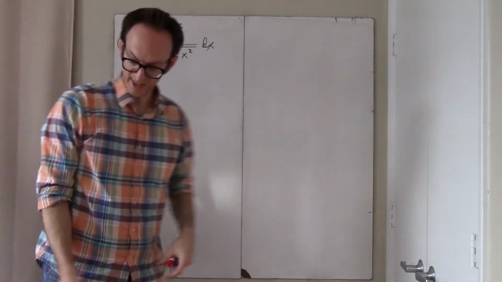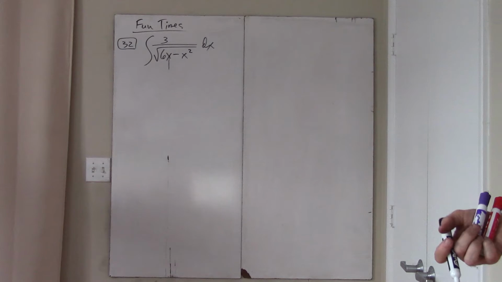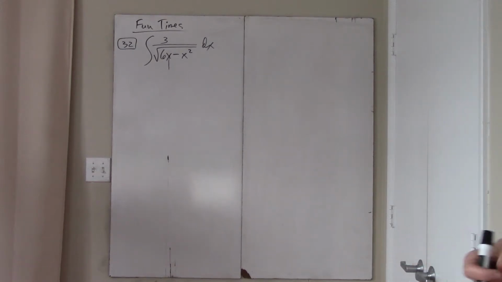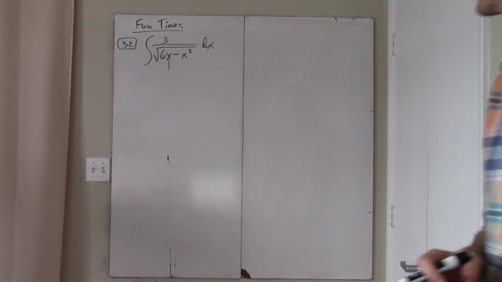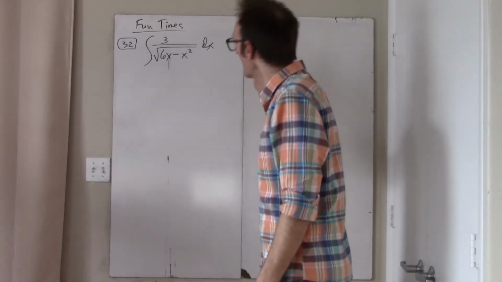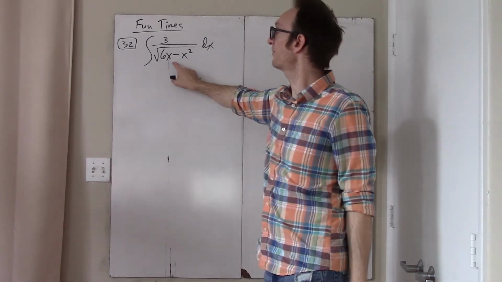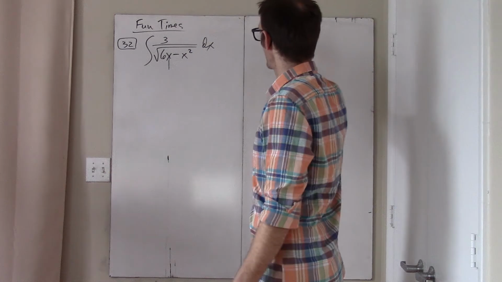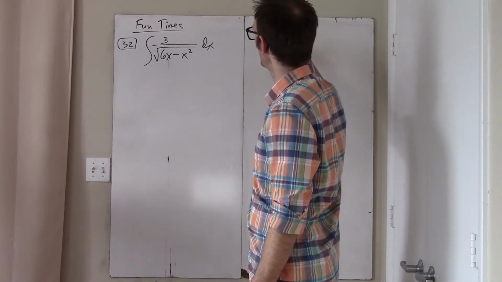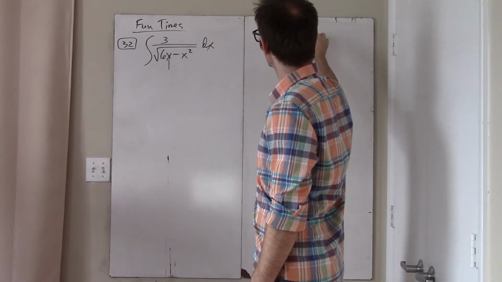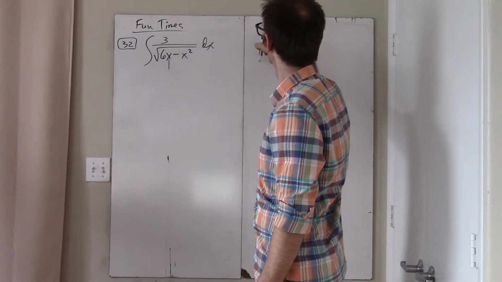Okay, before we can talk about what to do, we have to talk about what not to do. And you have to sort of exhaust every possible idea that you might have to get this problem done. And I guess there's really only one idea, which is we see that there's an inner function, which is 6x minus x squared. And so you would hope that you could just let u be 6x minus x squared, but that just doesn't work.